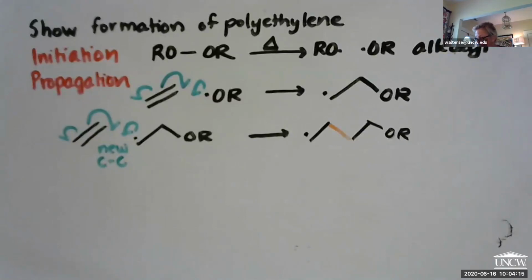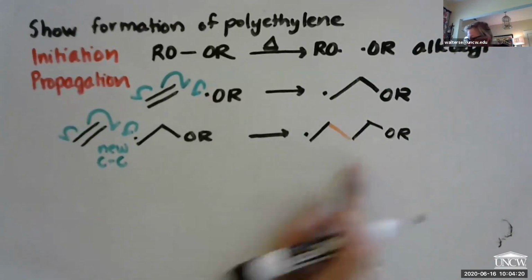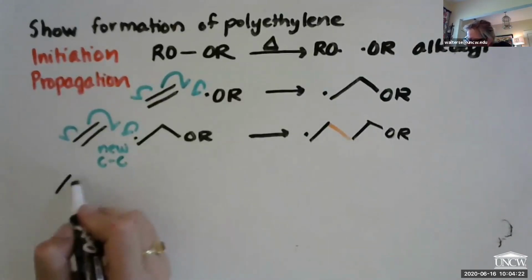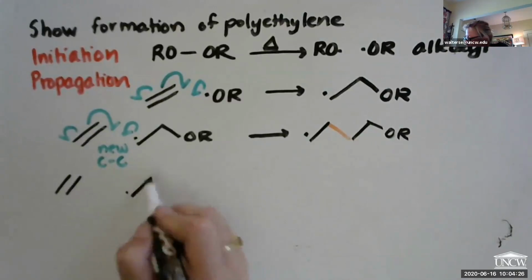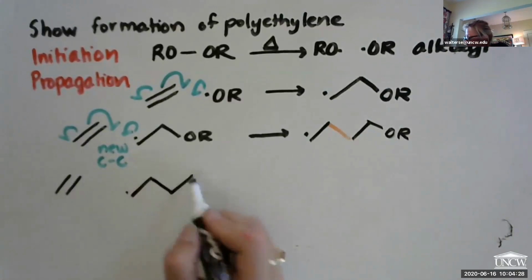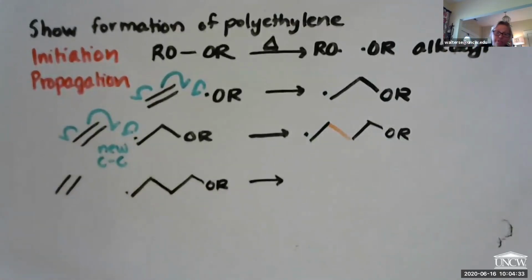Okay. And then this radical could meet another alkene and make another new carbon-carbon bond.